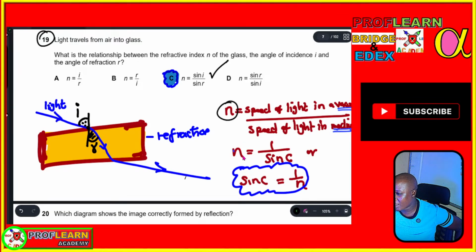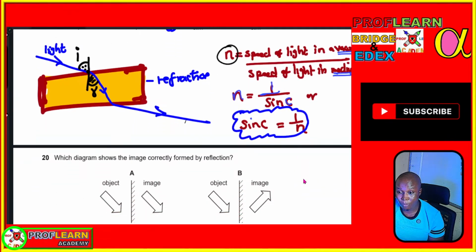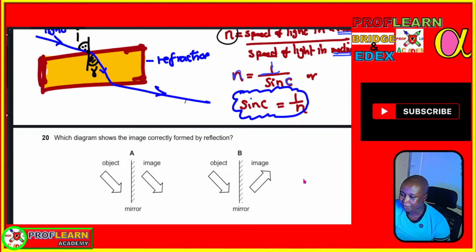Or refractive index can be calculated using the formula 1 over sine C, where C is the critical angle, or sine C is equal to 1 over the refractive index. So for light, those are the formulas you need to remember.